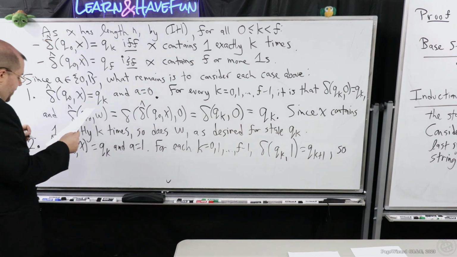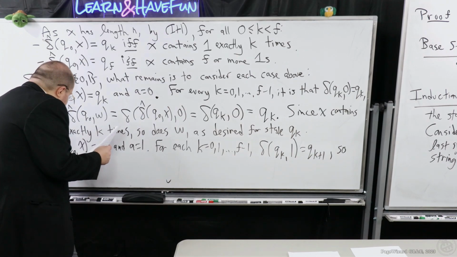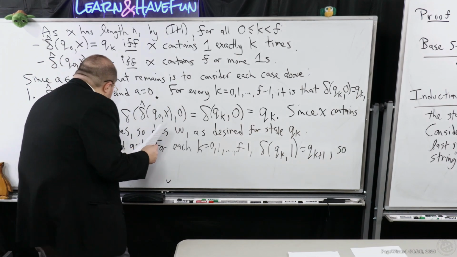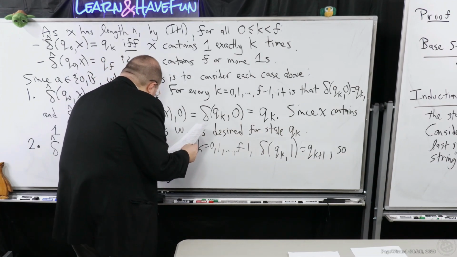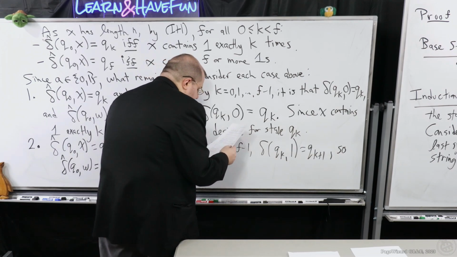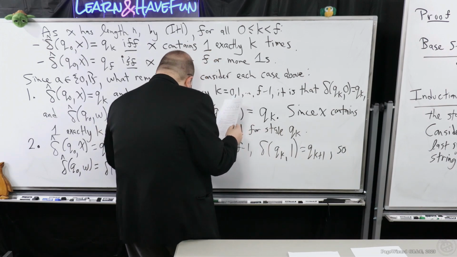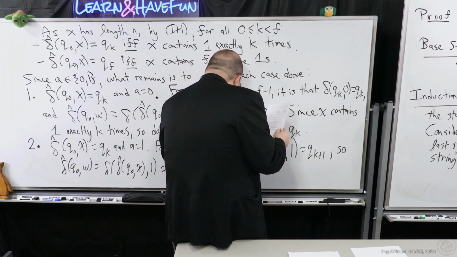So now we have the extended transition function. Delta hat q0 w is going to be delta of delta hat q0 x upon reading a 1. Well, this is just going to end up being qk as per our case here. Then I read a 1, and that gets me to qk plus 1.